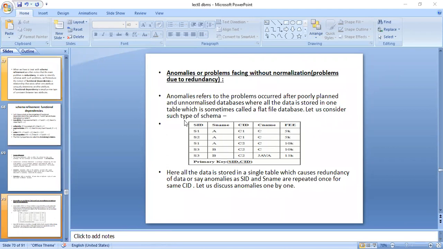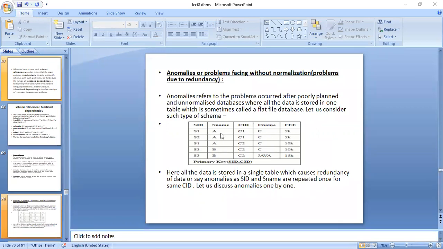Let us consider such a schema. This is a flat file database. Here we have student ID as SID, student name as SNAME, course ID as CID, course name, and the fee.